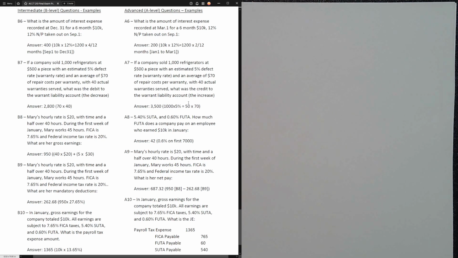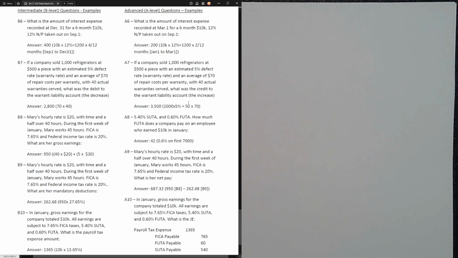So even though this is a 6-month loan, 4 months of the interest expense, all of September, all of October, all of November, and all of December, 4 months of that interest expense happens in the first year. That's B6. And if we go over to A6, what is the interest expense that happens in the second year? Well, that's the January and February expense, and we come up with the calculations there.